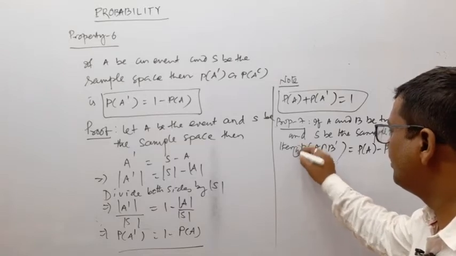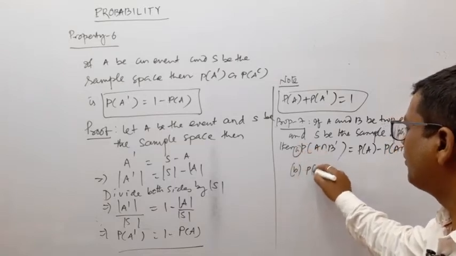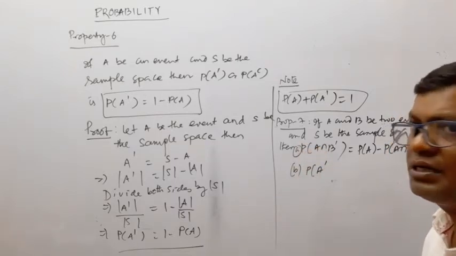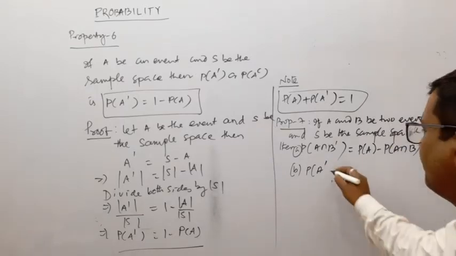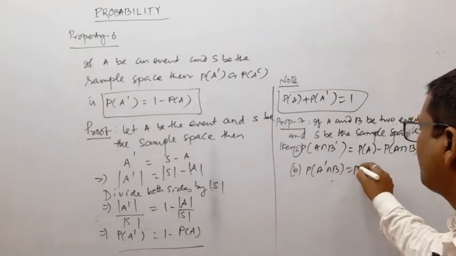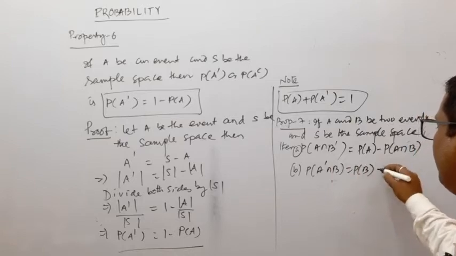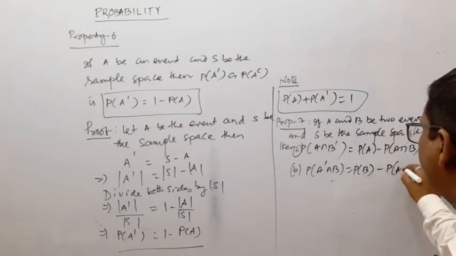Similarly, probability of A complement intersection B is equal to probability of B minus probability of A intersection B.